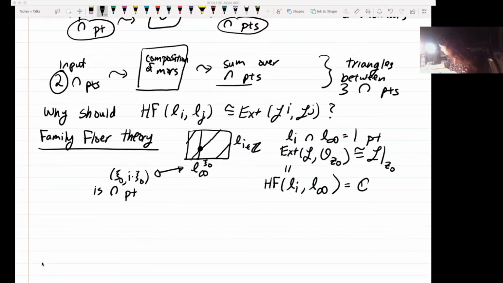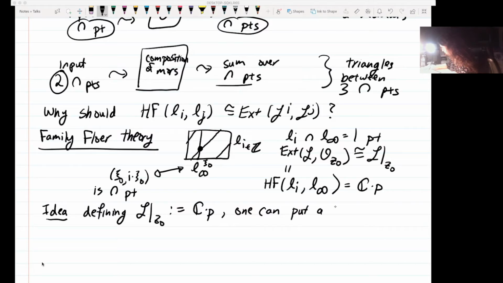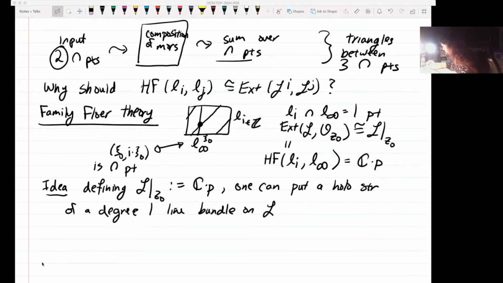So this intersection, you can put degree bundle. So this is Fukaya, Abelian varieties.